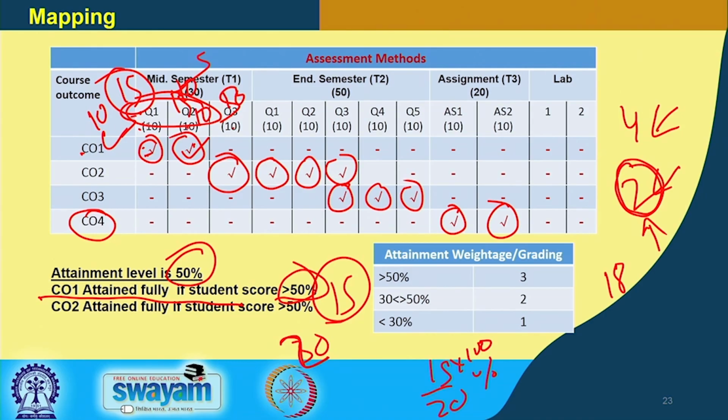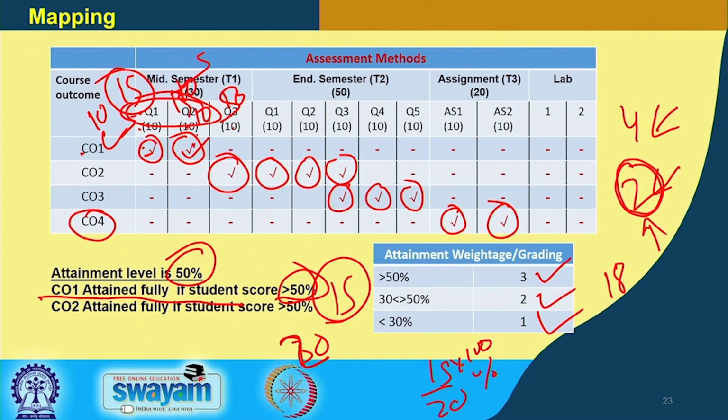So, CO1 is attained fully if a student scores more than 50 marks, when question number 1 carries 10 marks and question number 2 also carries 10 marks. So, let us design a weight. If a student attains that CO, I say 3. If a student partially attains the CO, I say 2. If a student attains the CO poorly, I say 1.